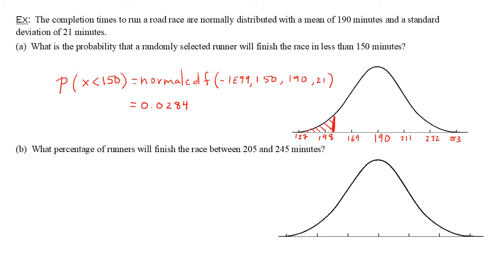What percentage of runners will finish the race between 205 and 245 minutes? Now notice that in this case we're finding what percentage of runners, but essentially that's a probability question. We're looking for the probability that somebody is going to be between 205 and 245 minutes.